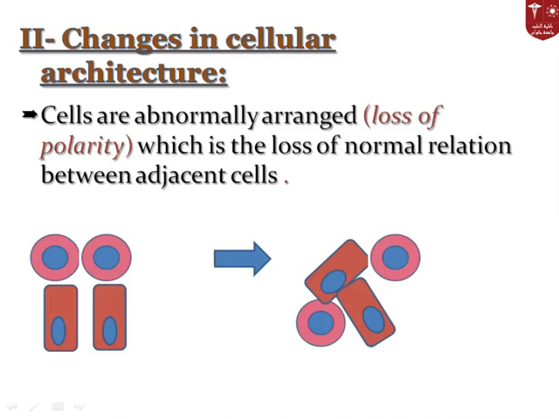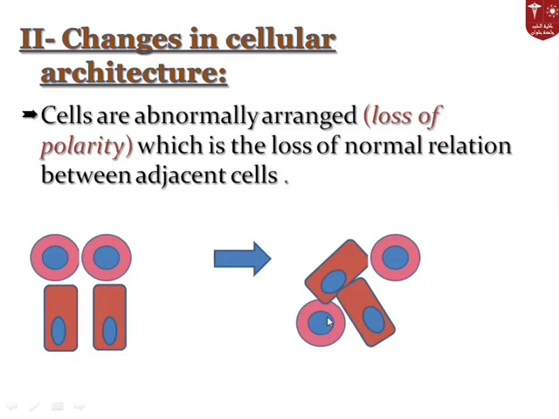For example, we may have a tissue that normally has columnar cells. Then above the columnar cells, there are rounded cells. So the poles or the ends of cells respect the order of each other. However, in malignant tumors, there is loss of polarity, meaning cells do not respect each other.